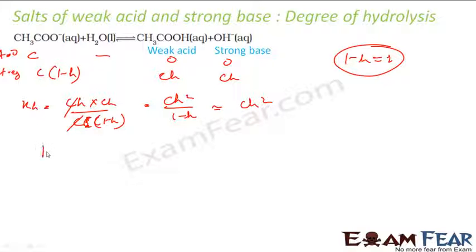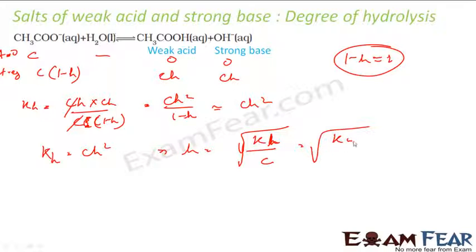To find h, the degree of hydrolysis is root of KH by C. Now KH is nothing but Kw by Ka, so h equals root of Kw by Ka into C. I am writing more formulas so that you can use any of them. That is how you find the degree of hydrolysis for a weak acid and strong base salt.